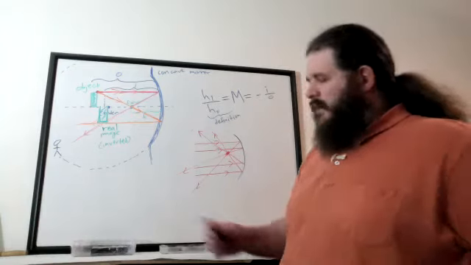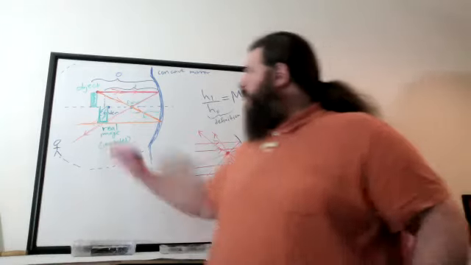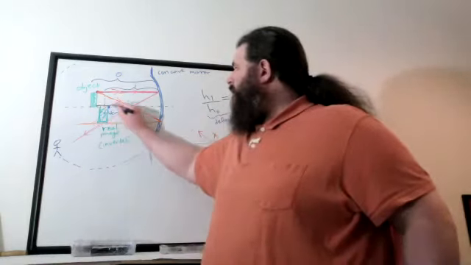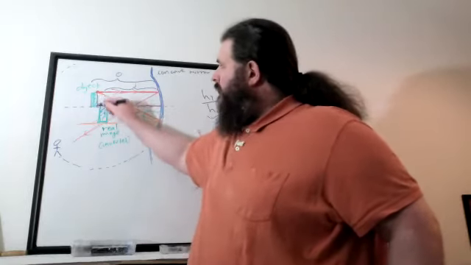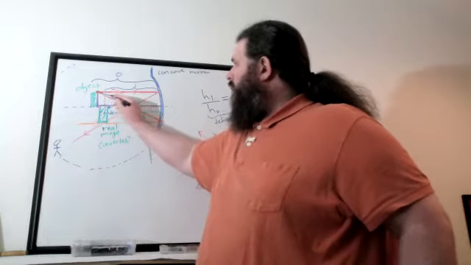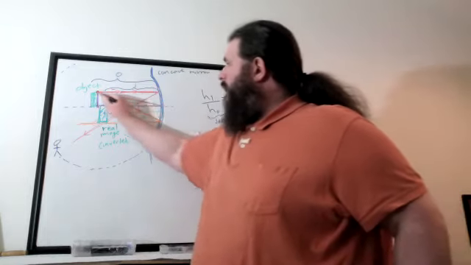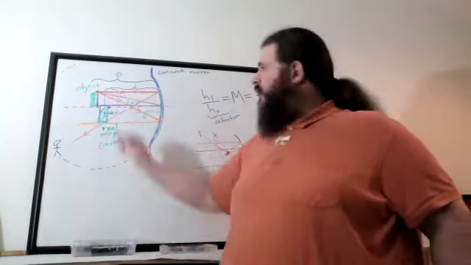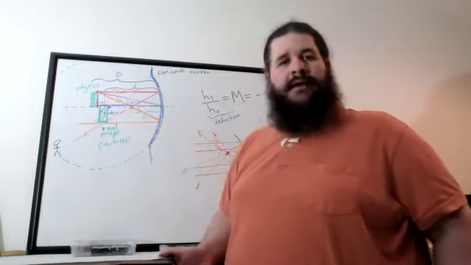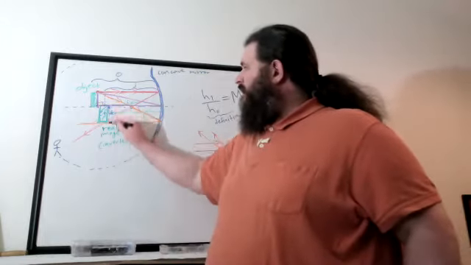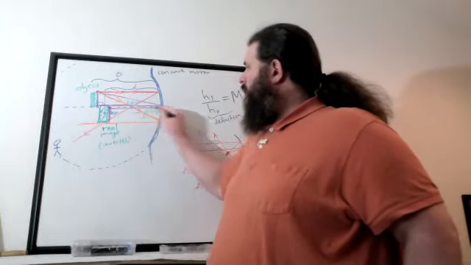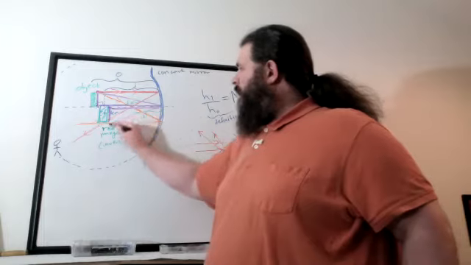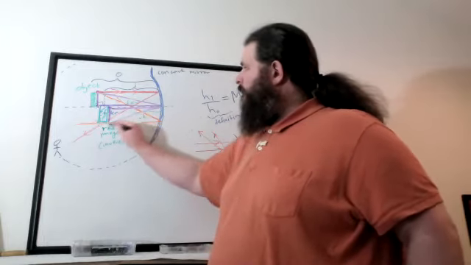And this is ultimately about similar triangles. If you draw out a triangle, so we've got object distance and object height, and we can draw this line as a hypotenuse. So there's a triangle. We could also draw another triangle with the image height and the image distance and this hypotenuse diagonal.